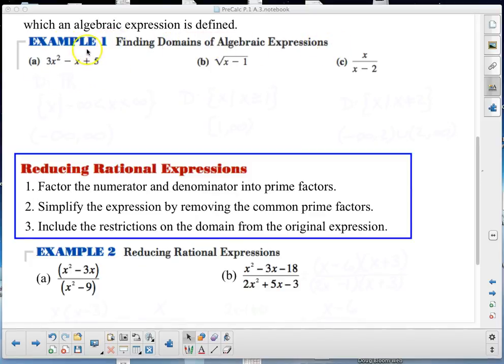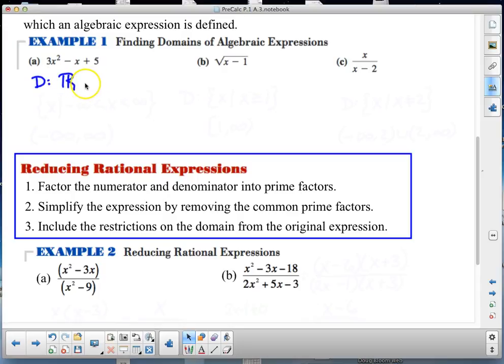In this case, there's no restriction on the domain because I don't have a fraction or, say, a square root. When we talk about the domain, I'm talking about what values I can put in for it to work all the time. In this case, the domain is all real numbers.